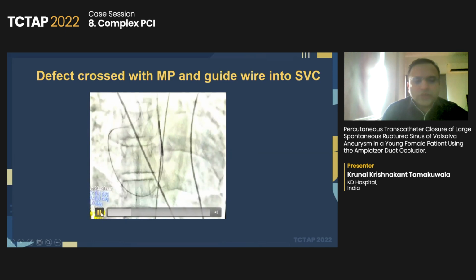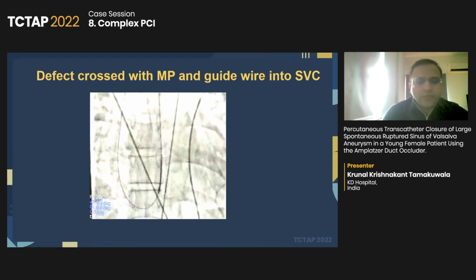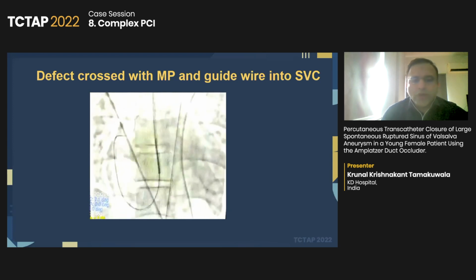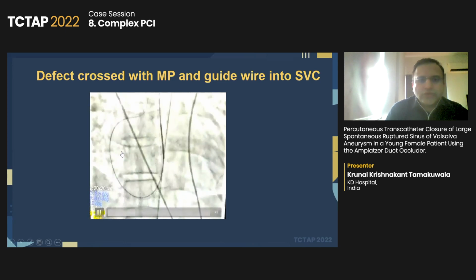Then the defect was crossed from the aortic side using a 5 French multipurpose catheter over a 0.035 straight tip guide wire, with the catheter across the RSOV, and the wire exchanged for an exchange length wire. A 0.035, 260 wire was passed into RA to IVC from the aortic end, as you can see in the video.